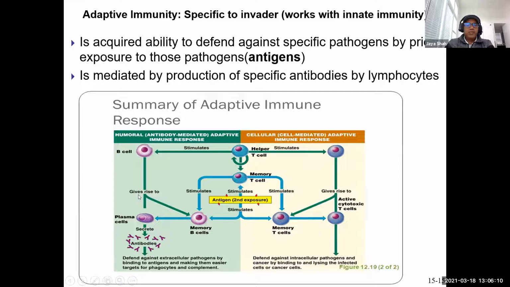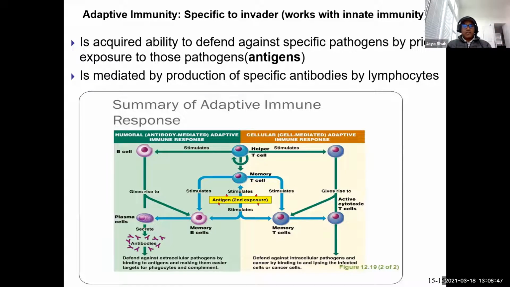B cells give rise to plasma cells and memory cells. Plasma cells, if you see, are packed with rough endoplasmic reticulum. They secrete antibodies. And those antibodies are gamma globulins. You remember one kind of plasma protein is gamma globulins. That gamma globulin then defends against extracellular pathogens, meaning microorganisms get into your body, they can get inside your cell, or they can live in your plasma or interstitial fluid and attack your cell.